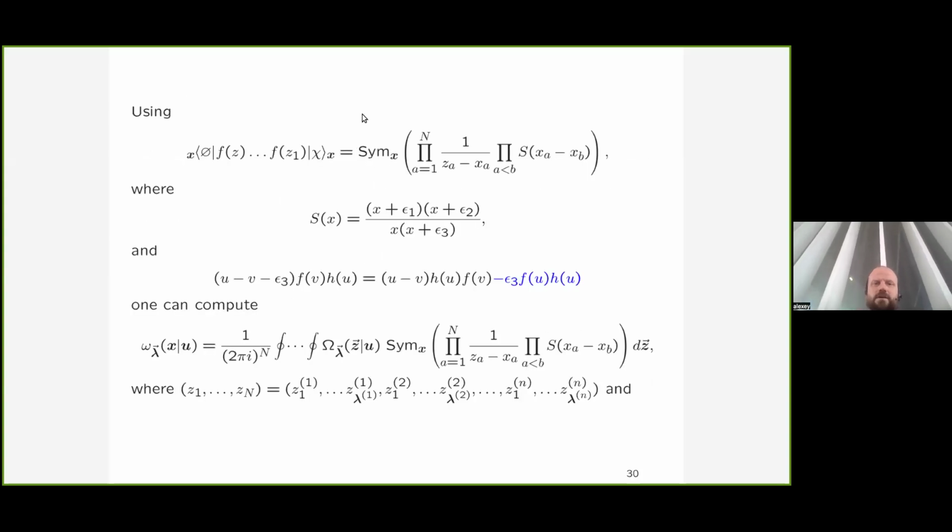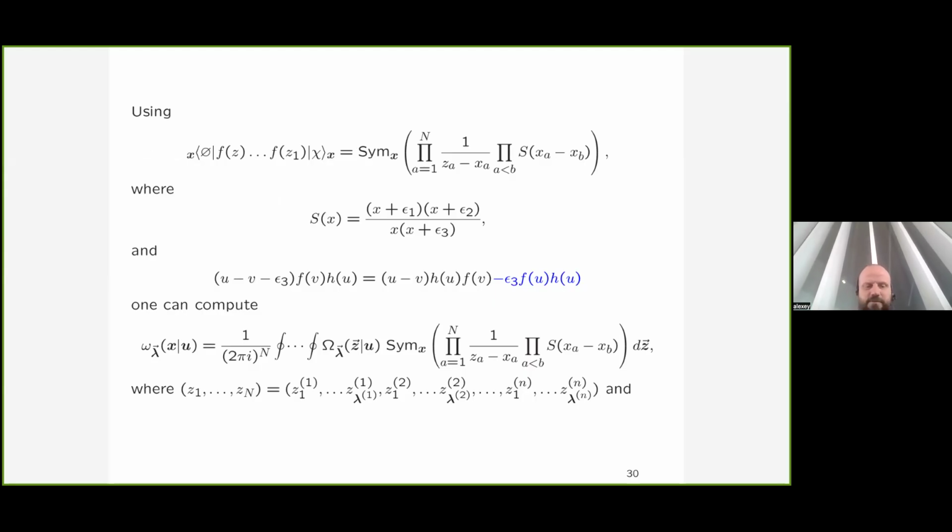Then another ingredient, of course, you know how to compute. I already said it. You know how to compute this intersection between my chi state and f states. This is just symmetrization of this rational function s, and from this you can compute the weight function very explicitly.